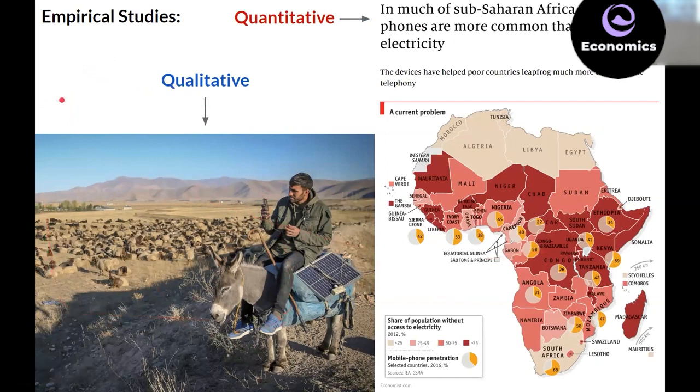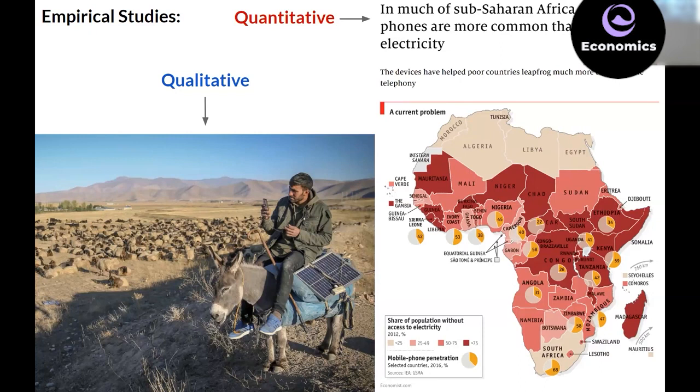It tells a story about this guy, a shepherd somewhere, I'm not sure where, but for the sake of argument let's say this is Africa. In some developing country, the guy is using a solar panel to charge his cell phone, more like a smartphone, while riding on a donkey.